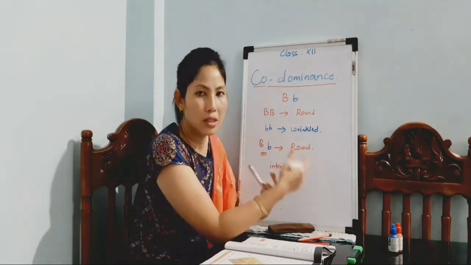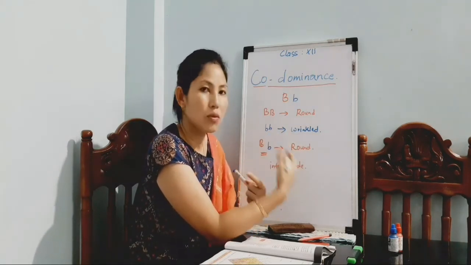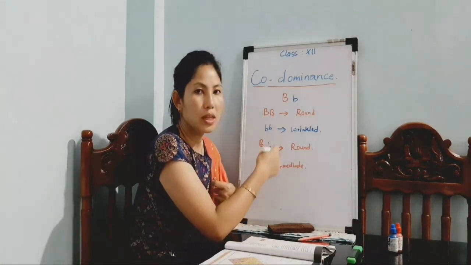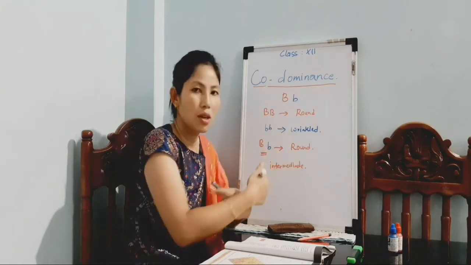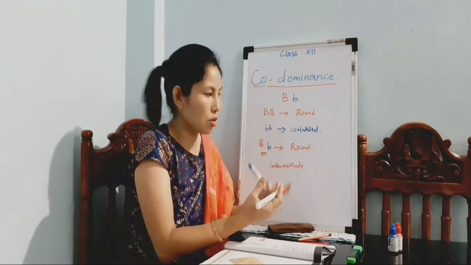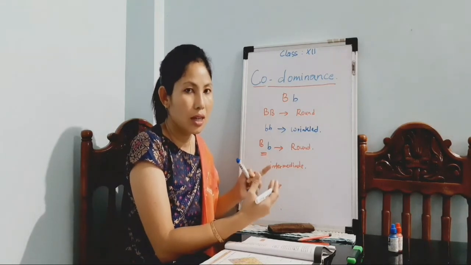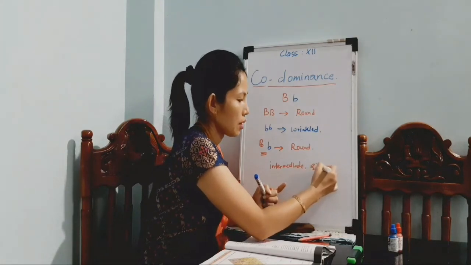Even though the seed is round, small b can synthesize only small sized starch grains, whereas capital B can produce large sized starch grains. So the starch grain size will be intermediate, right?